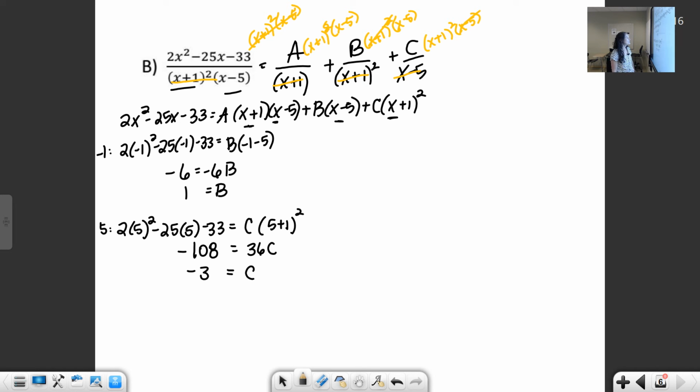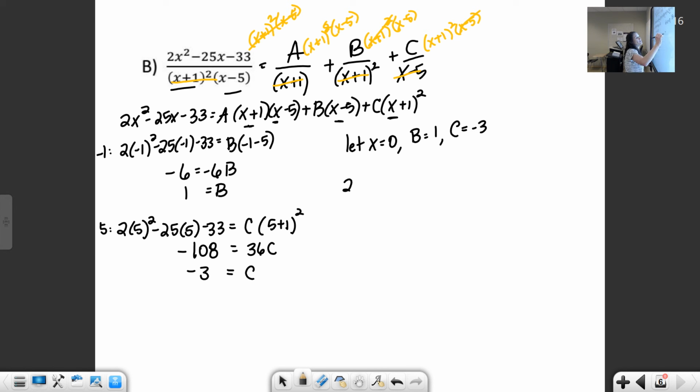All right, so since I've used negative 1 and since I've used 5, I'm going to let x be 0, okay? And then I'm going to use b as 1, and c as negative 3, and plug all those in, and then I'll be able to solve for a.